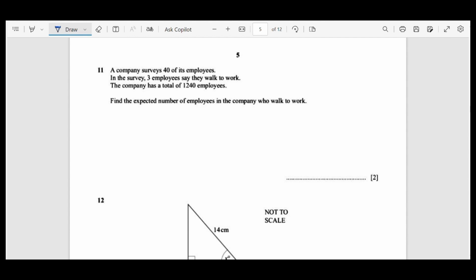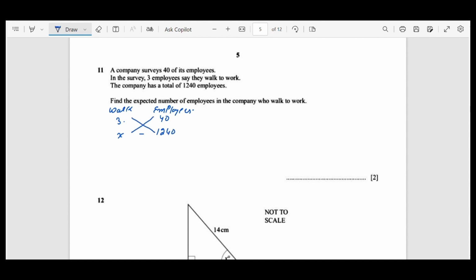So for this, for three we will take walk, and here will be employees, right? So out of 40 employees, 3 walk, right? So x will be walk for 1,240. We will do the cross multiply, right?